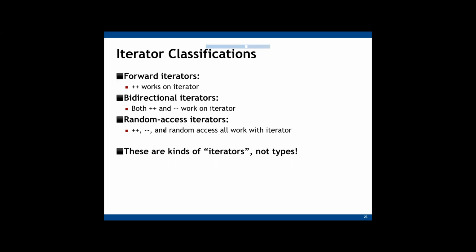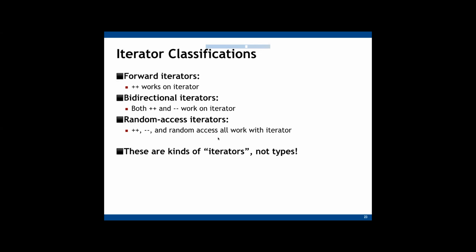The random access iterator works not only with increment and decrement operators, but also with random access operations as well. Random access means that we can go directly to any particular element in one step.